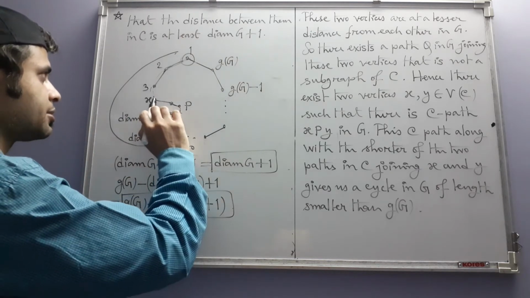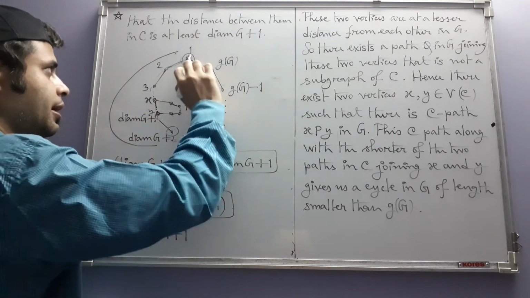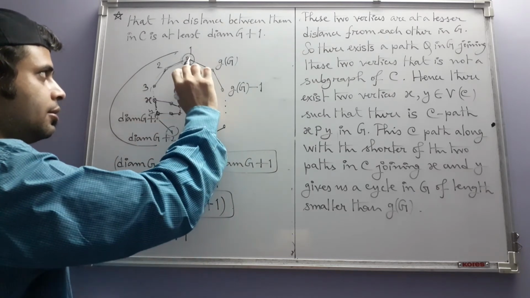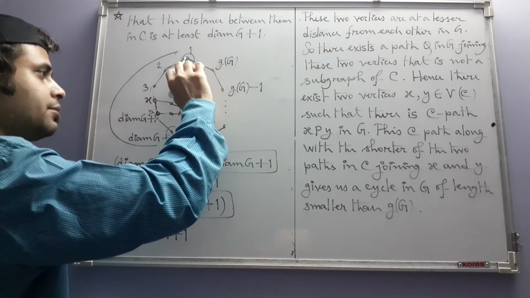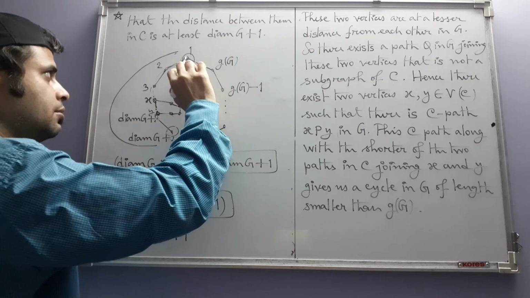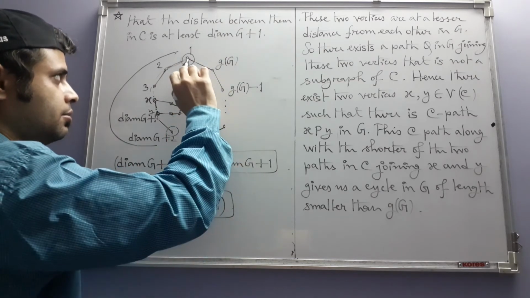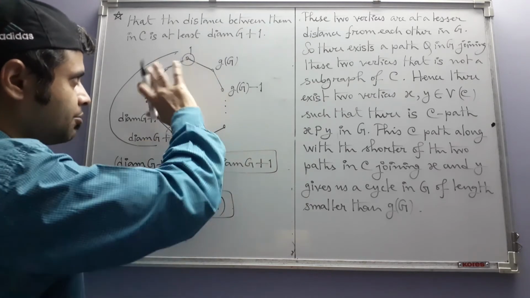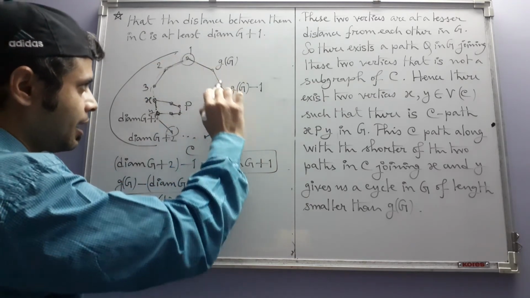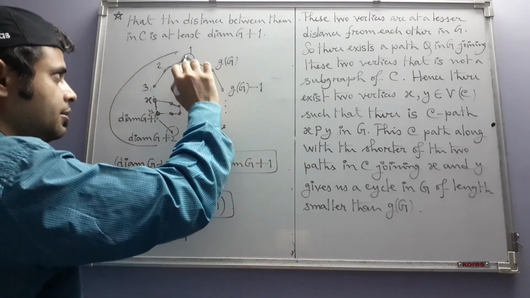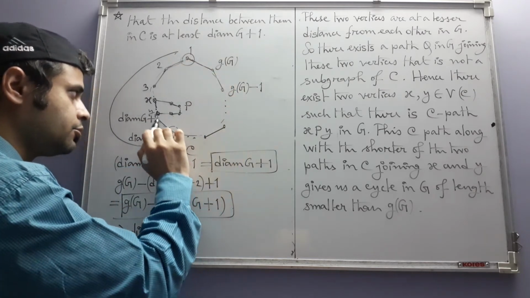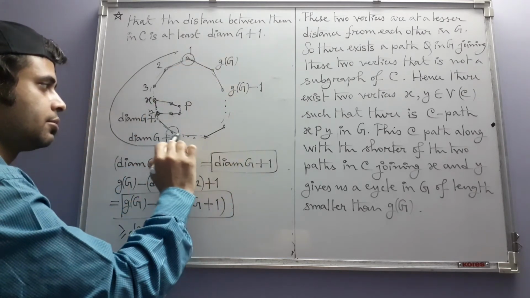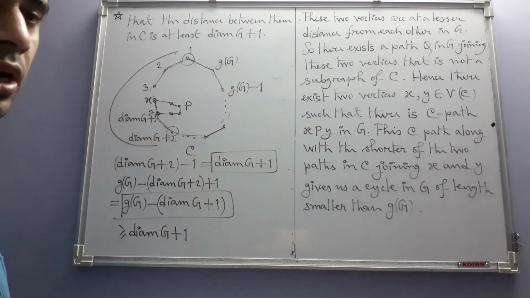Or if it happens that x and y originally are actually far apart, so that the path joining them in C, that is of the smaller length among the two paths, happens to lie on this side, then this is the path joining x and y, that is the smaller one.